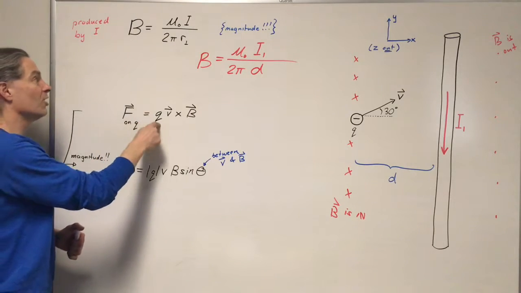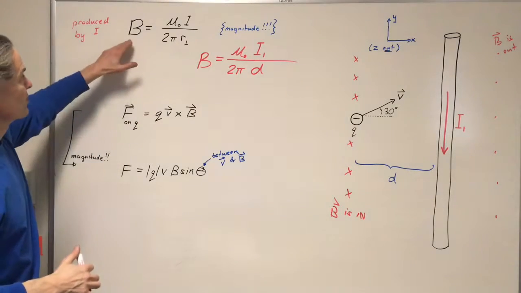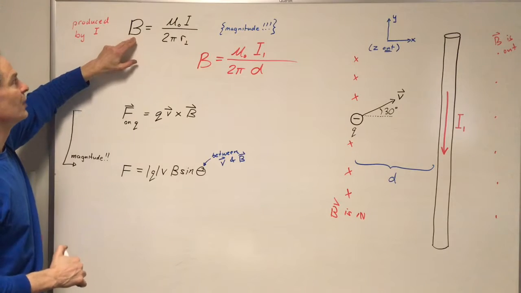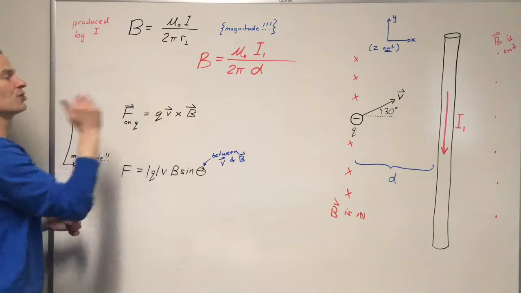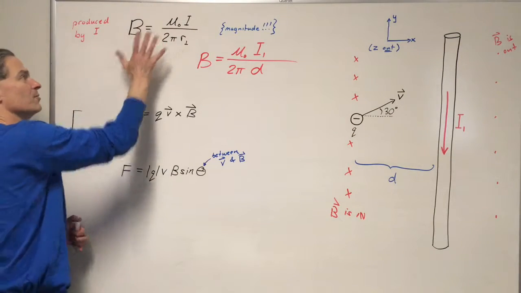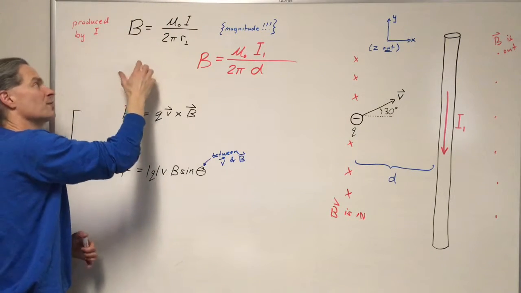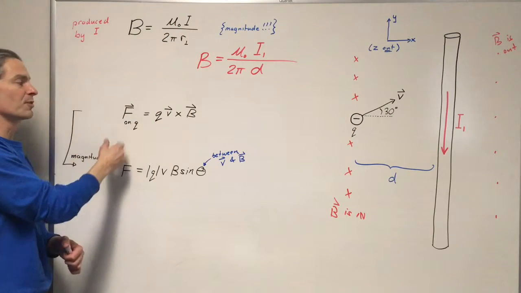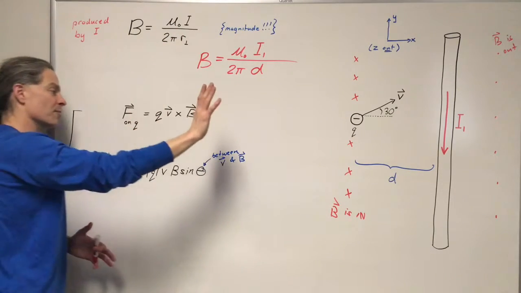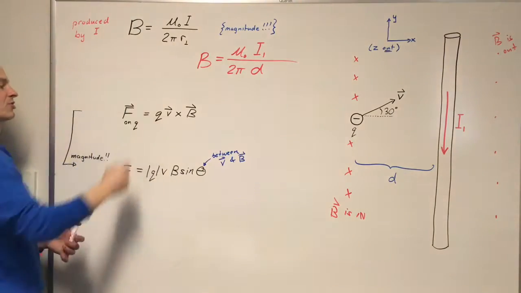This is the force on the charge. That's different from this equation here. This is the magnetic field produced by the current. This is the force on the charge. So this is an expression that describes the production of a magnetic field, and this is an expression that gives the force that a magnetic field exerts on some moving charge.